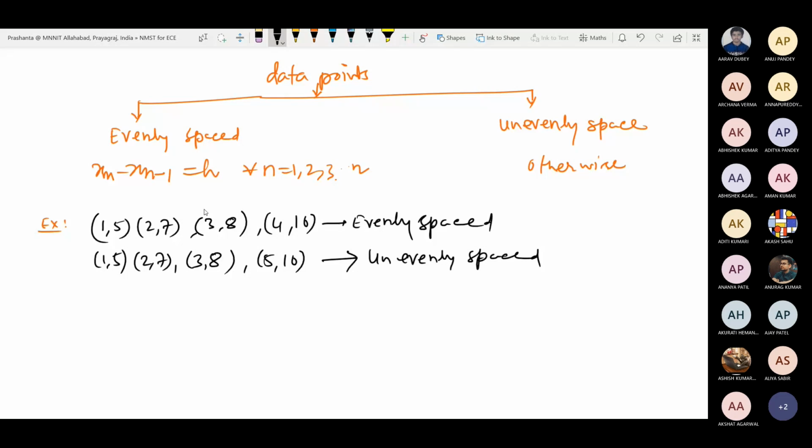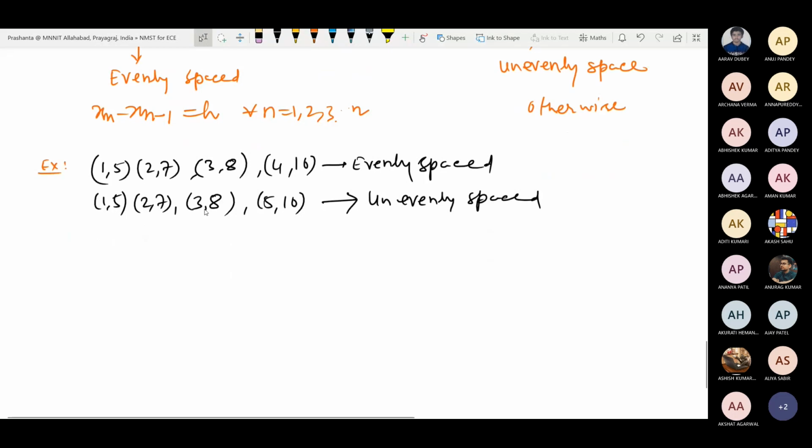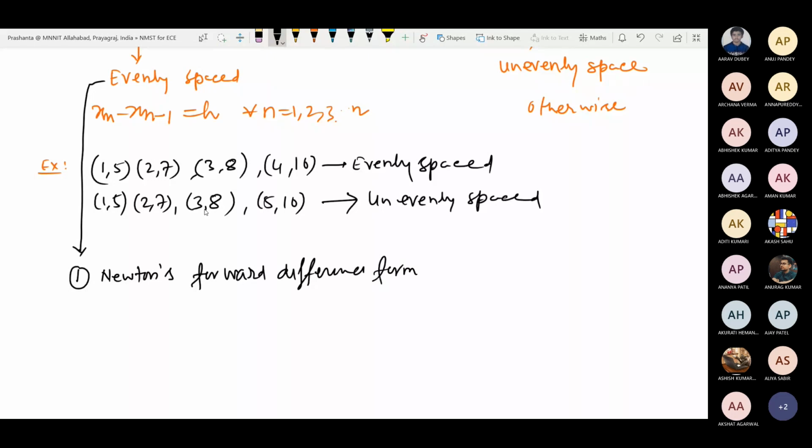Okay, so let me name a few. For evenly spaced data points, let me write down a few names. One will be Newton's forward difference formula. Another will be Newton's backward difference formula.